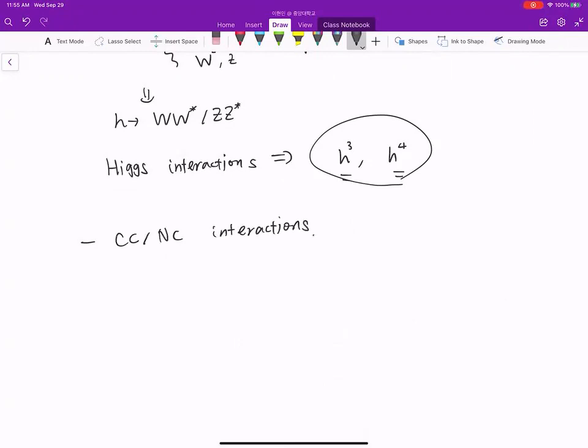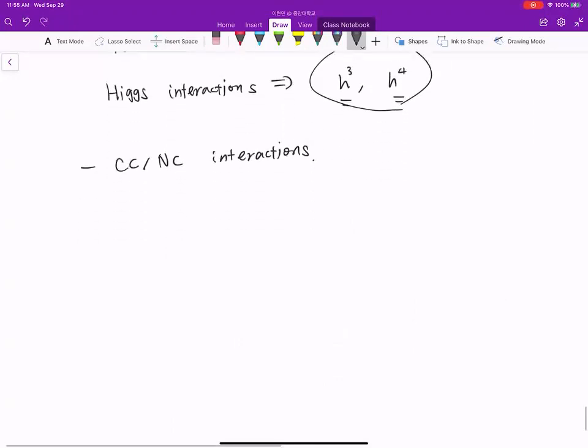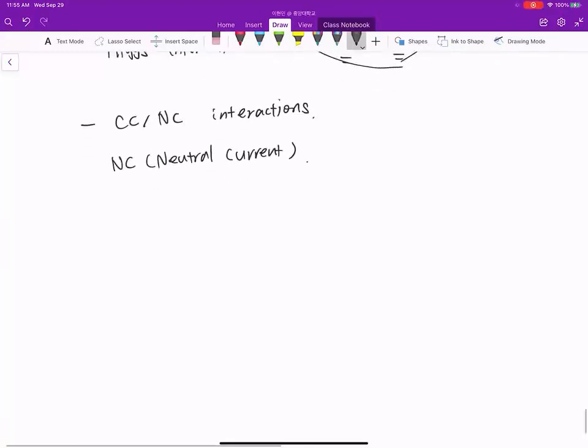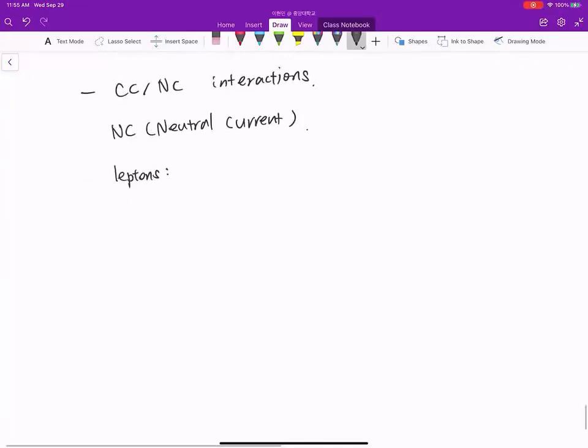So neutral current and charged current interactions. First, the neutral current. For the neutral current interaction, let me focus on leptons, and that can be easily generalized to the case of quarks.